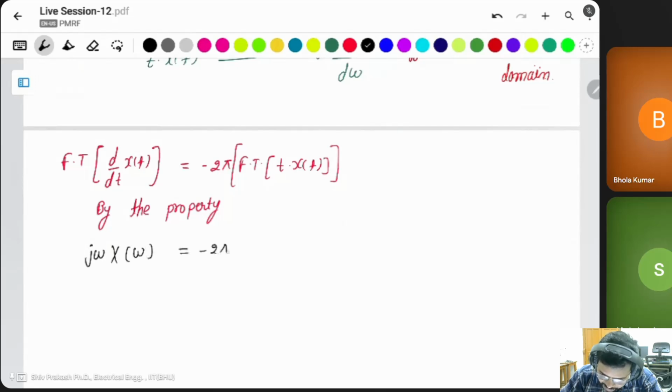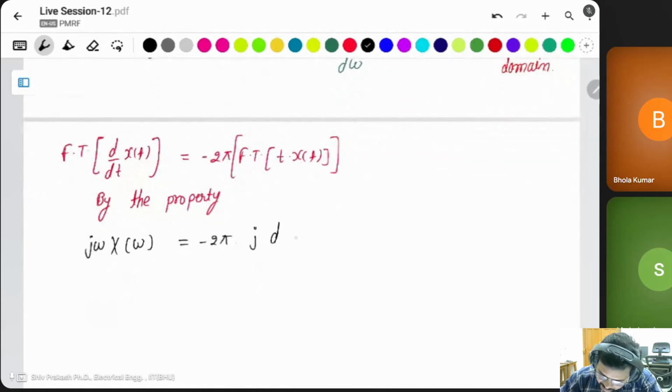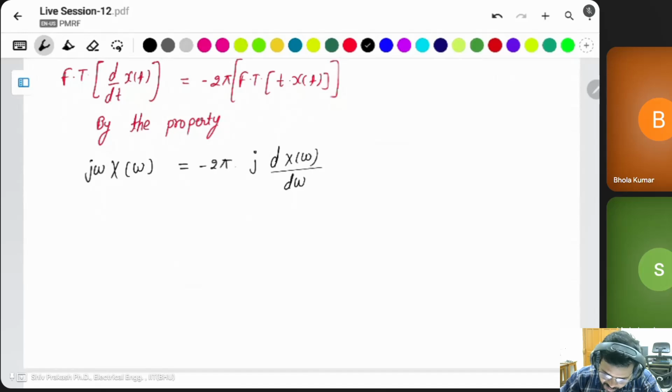This is minus of 2 pi, this will be j dX(omega) divided by d omega. j will be cancelled out because j is present on both sides. After that, minus taken common, so omega by 2 pi X(omega) is equal to dX(omega) divided by d omega.